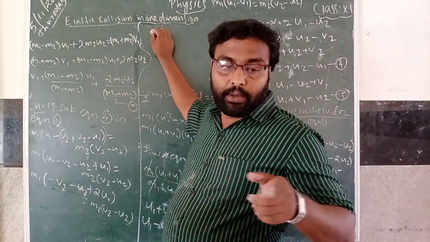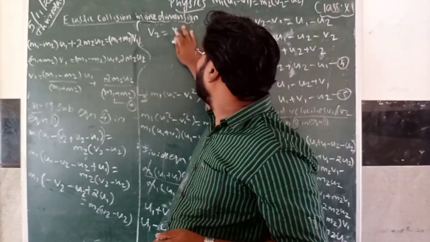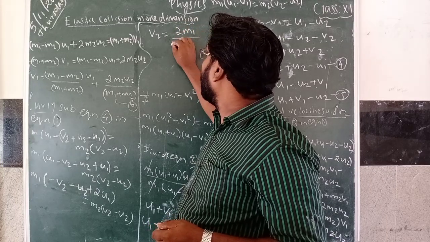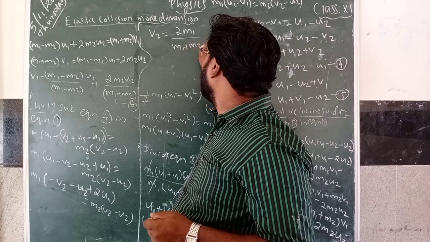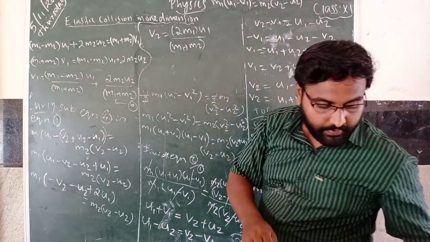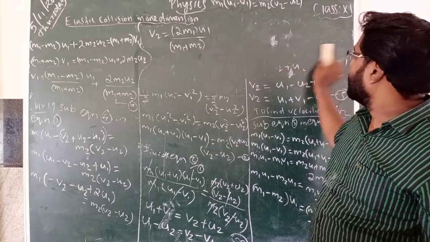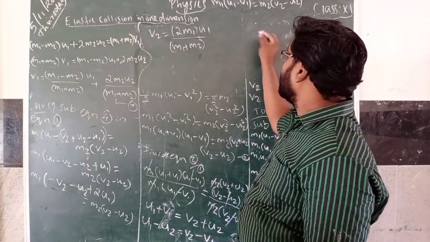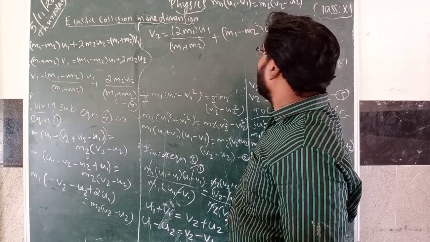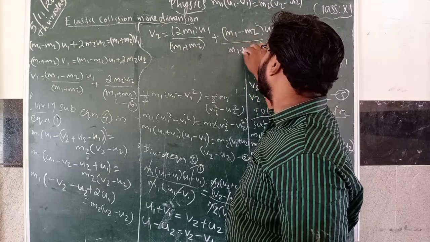So you will get an equation v2 is equal to 2 m1 by (m1 plus m2) u1 plus (m1 minus m2) u2 divided by (m1 plus m2).